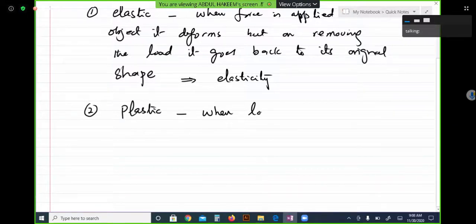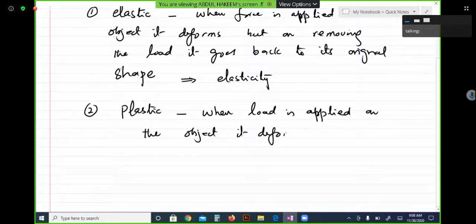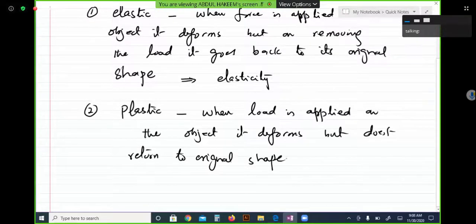When load is applied or force is exerted on the object, on the solid, it deforms but does not return to original shape or size when load is removed.